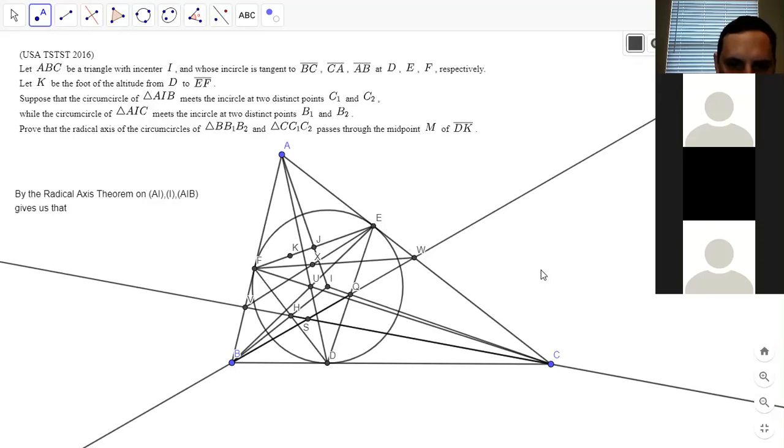Is that like a form of Desargues theorem or something? Yes, I guess it can be proved by the Desargues involution theorem.